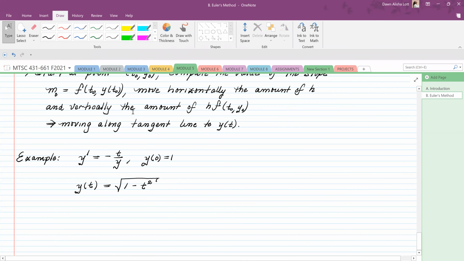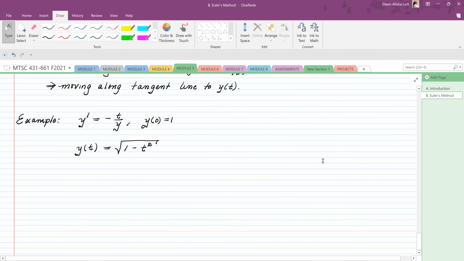Okay, and so Euler's method is going to produce erroneous results when t is greater than 1.